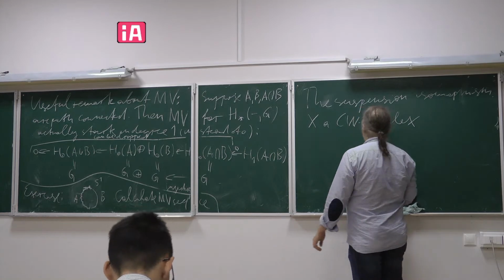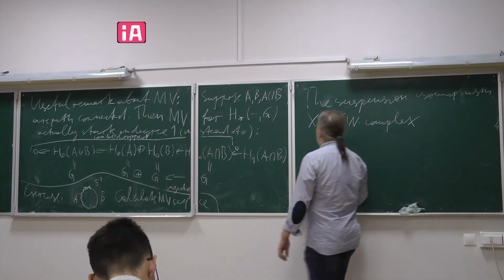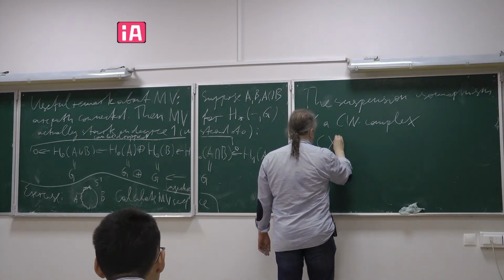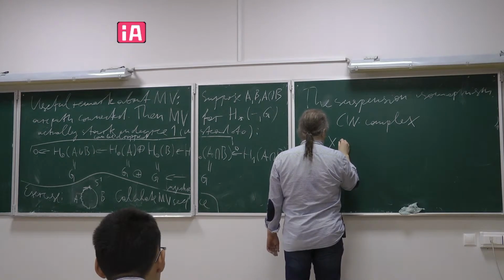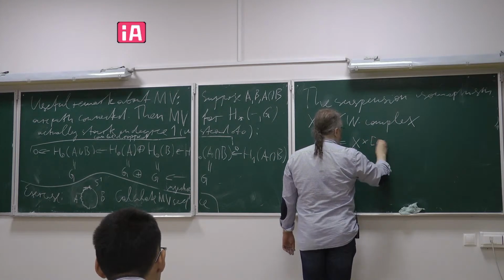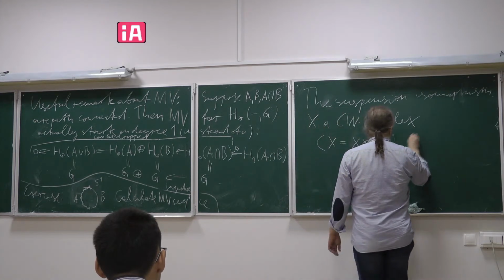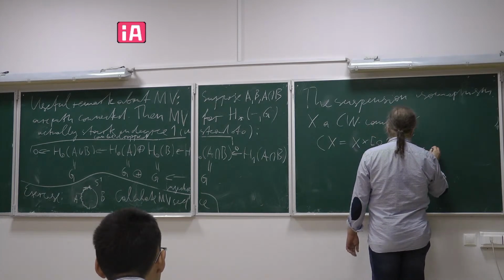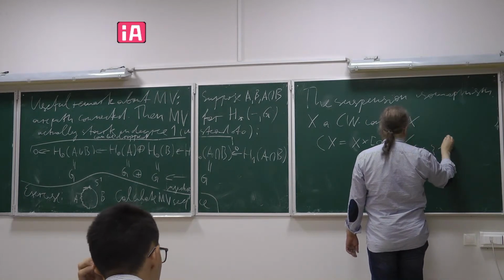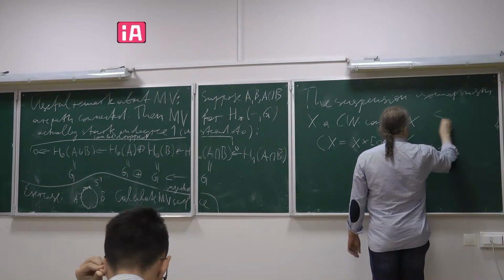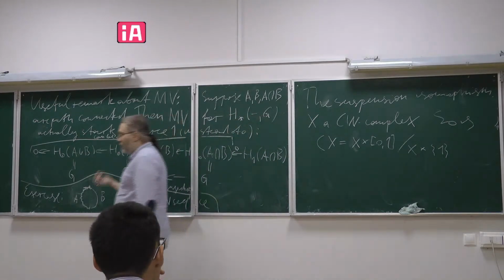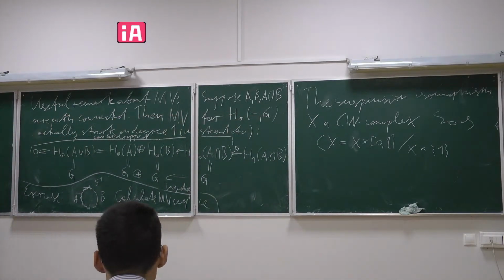So suppose I have a CW complex, then so is the cone. There is a small problem here.